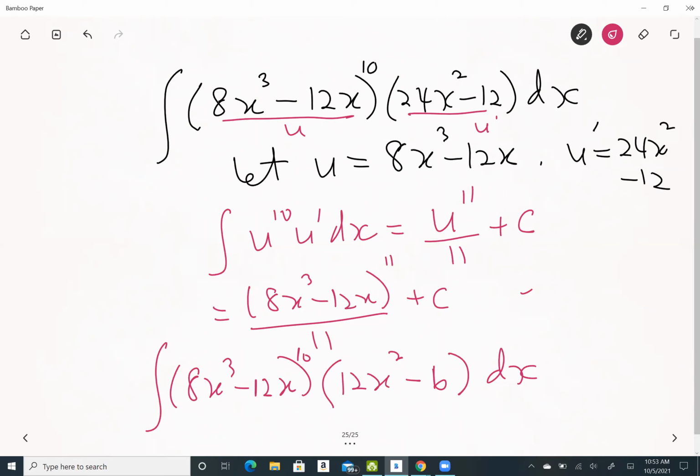If you multiply by 24 over 24, then you can only make an adjustment to the first term, but the second term, you need 12.